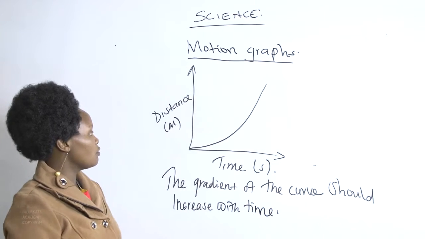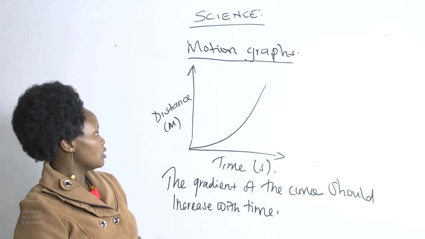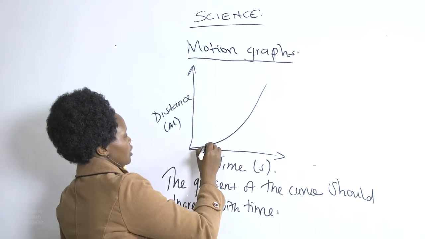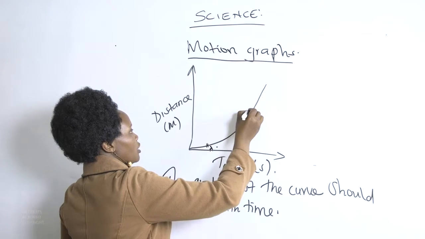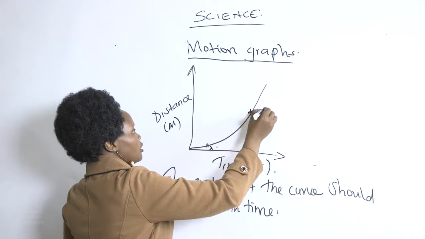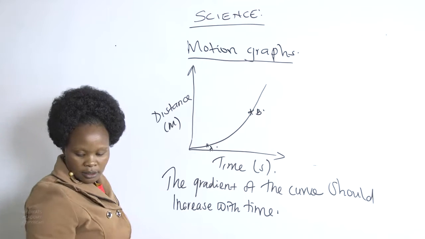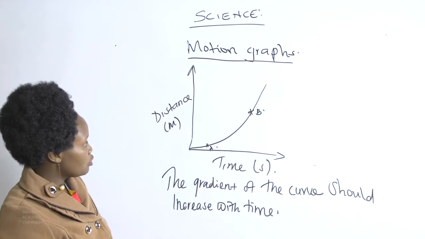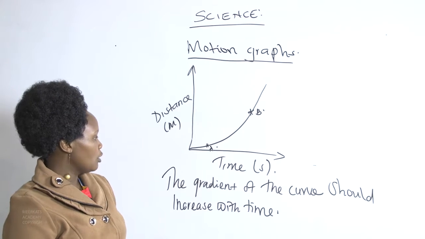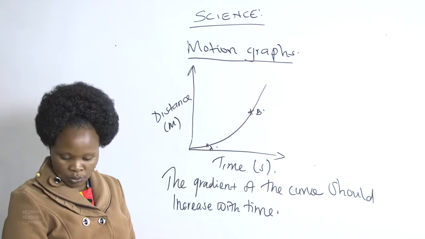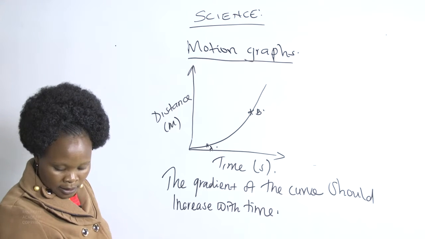The gradient of the curve should increase, so that if you take the gradient at a point, say A, and then another point at B, the body should have appreciated in the value of gradient, which translates to an increase in speed.